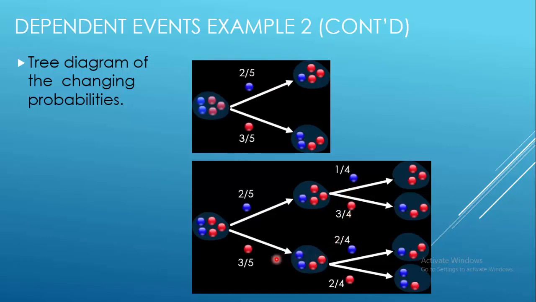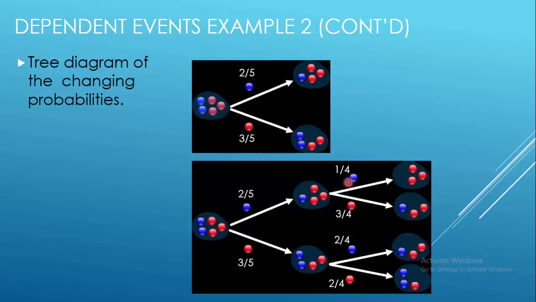And if you got a red marble in the first draw, then in the second draw there are only 2 red marbles left. So to get a blue marble is 2 by 4, and to get a red marble is also 2 by 4. So here you can see that if you had drawn a red marble, then the chance to get a blue marble and a red marble in the second draw becomes equal, 50-50%, 2 by 4, 2 by 4.